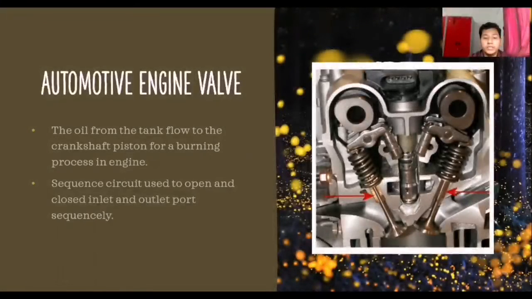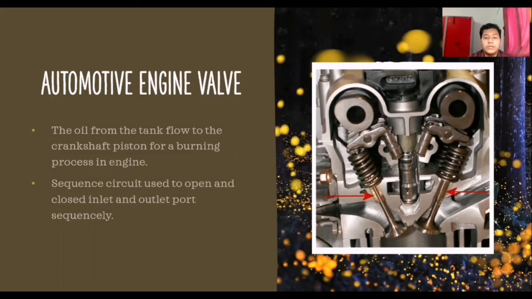The application that can use the sequence valve circuit today is automobile engines. The vehicle engine uses two rods in the circuit where one rod will activate the other rod automatically.